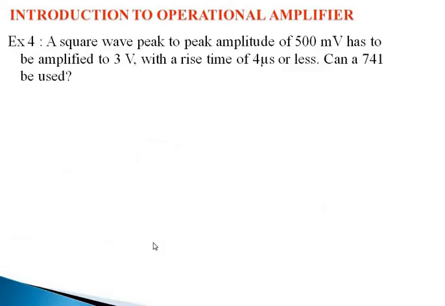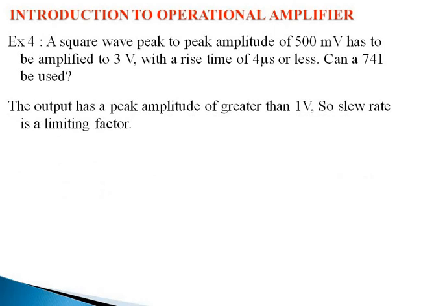Then next is a square wave peak to peak amplitude of 500 millivolt has to be amplified to 3 volt with a rise time of 4 microseconds or less. Can a 741 be used? Output has a peak amplitude of greater than 1 volt, so slew rate is a limiting factor.